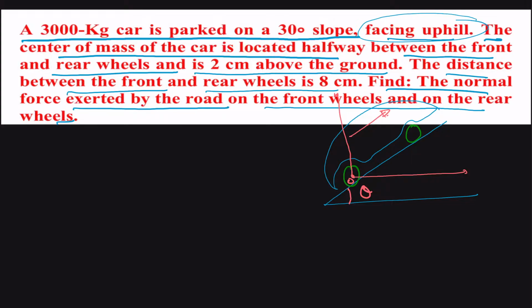The distance between the wheels is, let us suppose, L. And let me suppose the horizontal distance between the rear and front wheel is A, and the vertical distance of the front wheel from this axis is, let us suppose, B. And obviously this angle will be our theta, which is given to us as 30 degrees. And this is our x-axis and this is our y-axis.